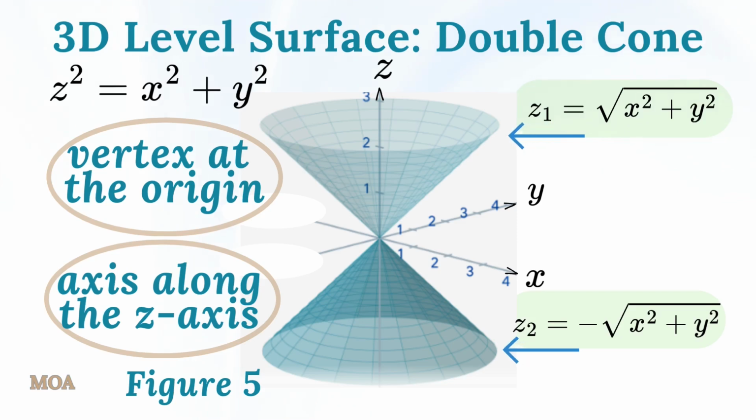This double cone, with vertex at the origin, has the vertical z-axis as its symmetry axis. In fact, this result reveals that the level surface passing through the point 1, 0, negative 1 is actually the boundary case between the two types of hyperboloids shown earlier.